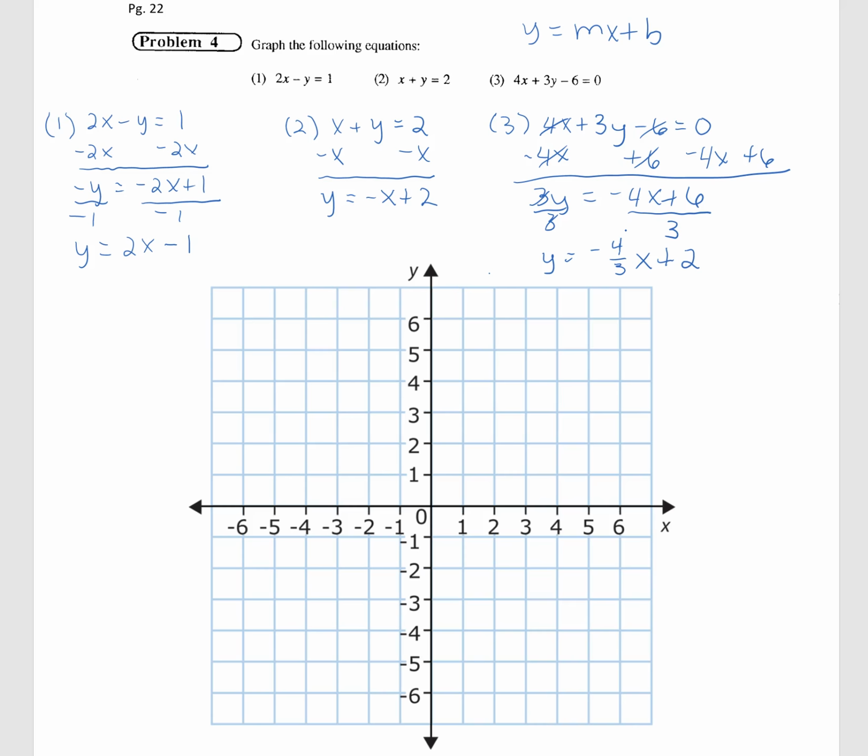So we can look at each of these equations and figure out how they'll look on the graph. So for equation 1, we have our b is negative 1. So this means that this graph crosses the y-axis at negative 1. So I'm going to put a point here at negative 1.